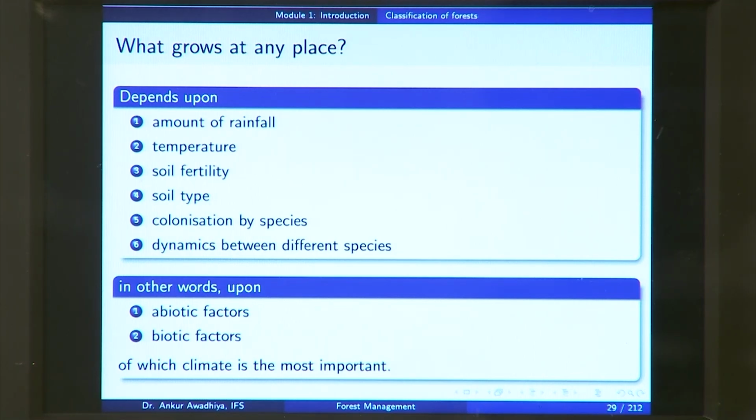If that happens, then even though your area has adequate rainfall, adequate temperature, good soil fertility, and everything else is good, because of the dynamics between a herbivore and the banyan tree, you might not see any banyan tree in this area. So, it depends a lot on the dynamics between species, and this could be in the form of competition, or in the form of one species eating up another species, and so on.